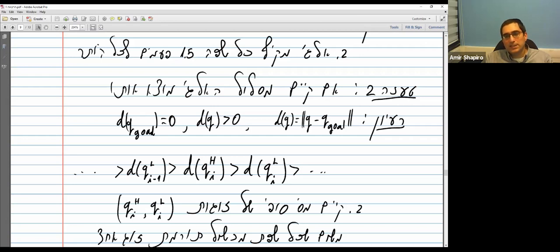It's actually a norm of the vector between the current position and the goal position. So this is the distance to the goal, and the distance is greater than 0, and the distance at the goal is 0.